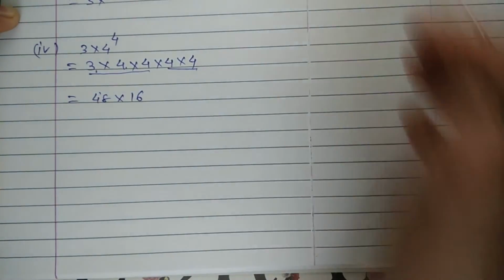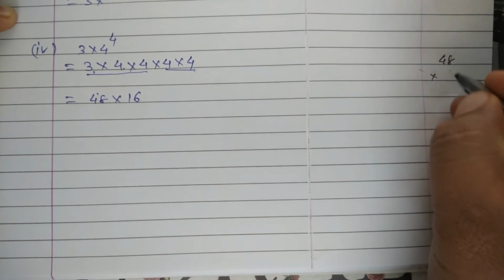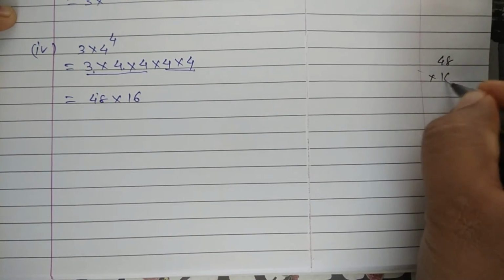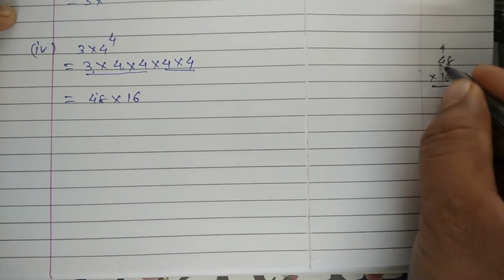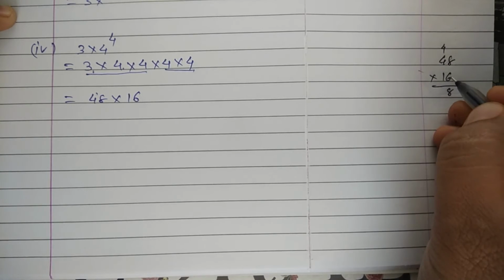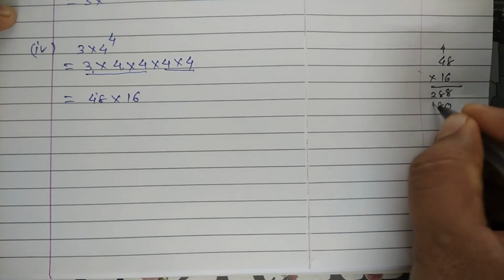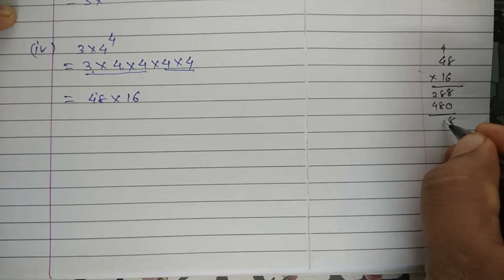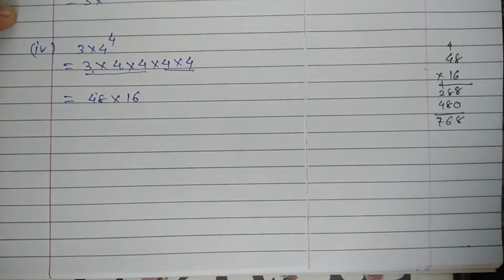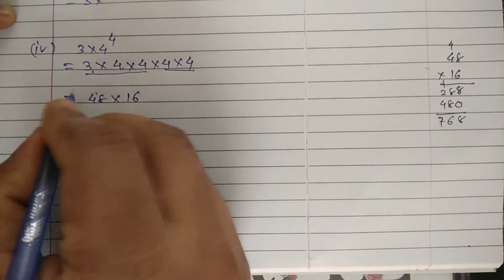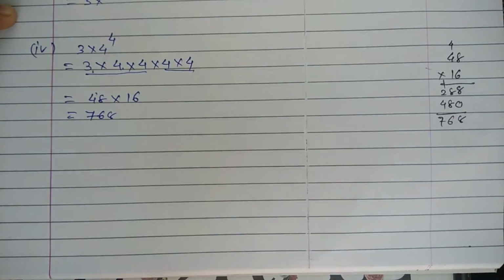So here we will do this multiplication. 48 multiplied by 16. 8 sixes are 48. 4 sixes are 24 plus 4, 28, then 0, 8 and 4, addition: 8, 8 plus 8, 16, 1 plus 2, 3 plus 4, 7. So the answer is 768. 768 is the answer.